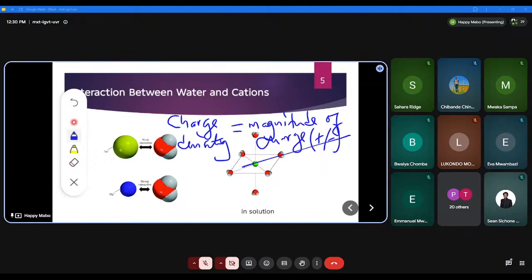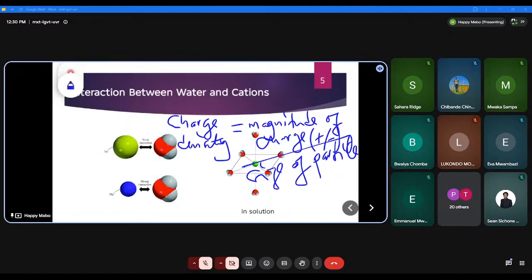Then you're going to divide by the size of the particle in question. Okay, so the size of the particles. So this ratio can be used to explain the reason that this one does not interact with water as much as this one does.